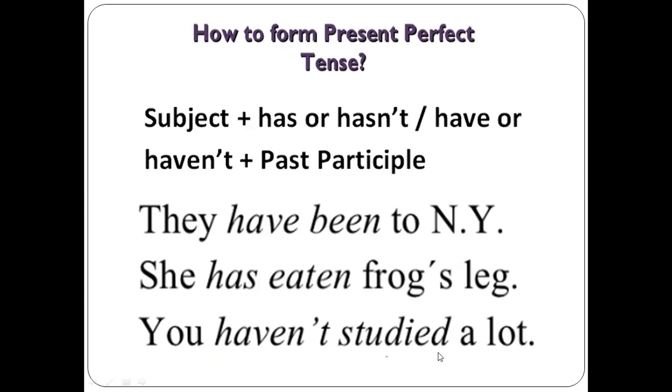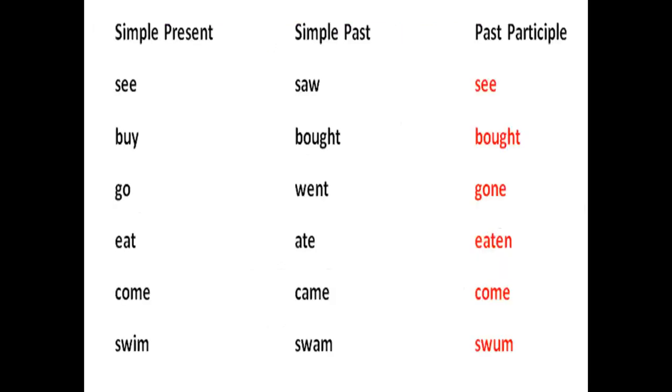Now I'm going to talk a little bit more about past participle. Consider the following examples here. So we have the simple present, the simple past, and then the past participle. So simple present, see, simple past, saw, of course. And this is actually seen, okay, with an n here. So see, saw, seen, with an n. So buy, bought, bought. Go, went, gone.